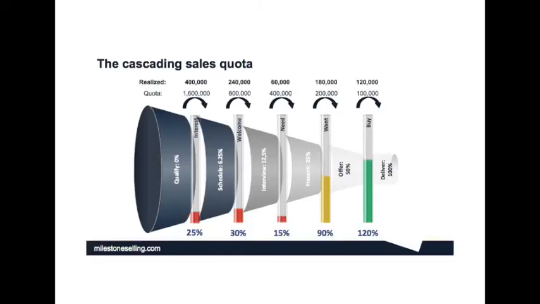Now, if you have a monthly sales quota of 100,000 and a salesperson has reached 120,000 in closed deals, then he or she has of course exceeded the quota and will be seen as a success. But there is more to it than this, because if the monthly quota is 100,000 and the conversion rate from the offer phase to the deliver phase is 50%, it means that every time you succeed with 100,000, you also lose 100,000.